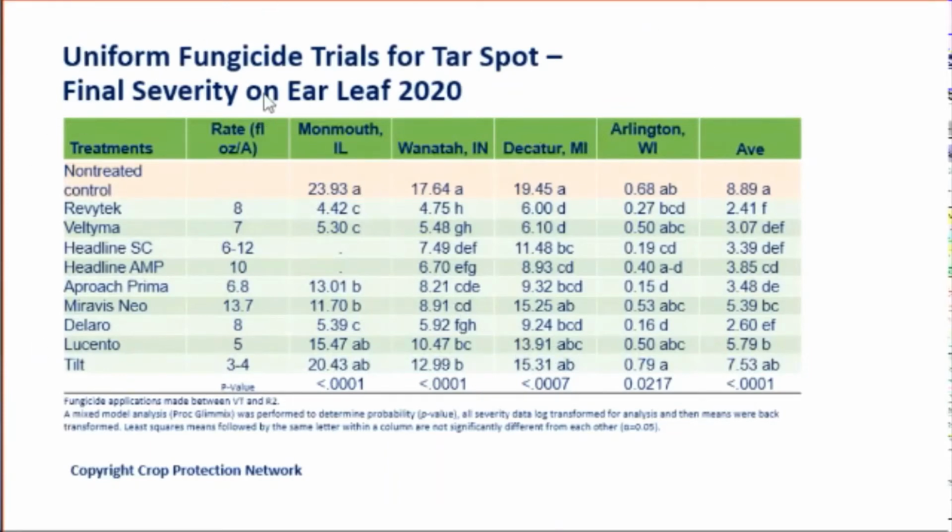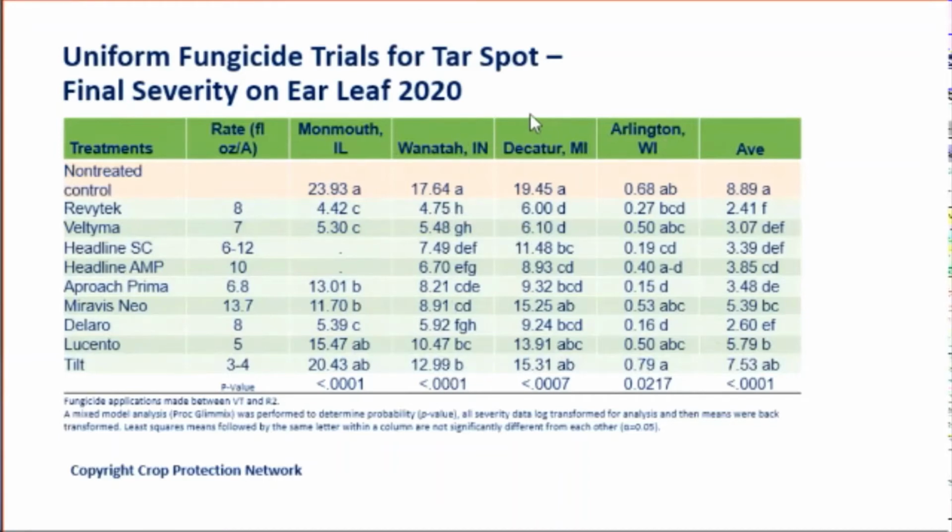But these are results from uniform fungicide trials for tar spot conducted through the Midwest. And you can see that there are some fungicides that consistently work to control tar spot better than others.